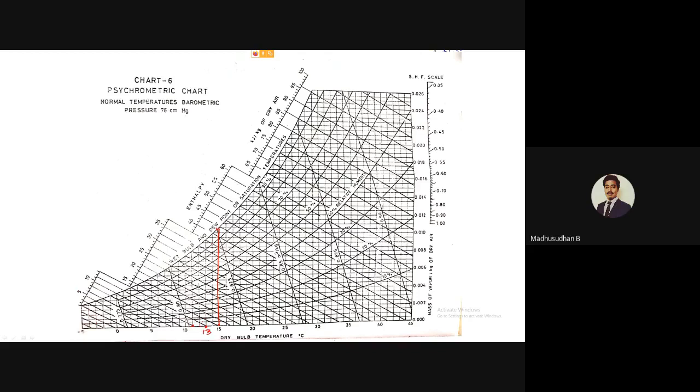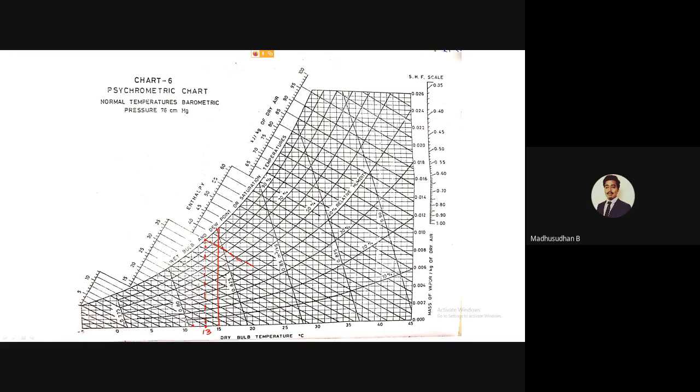Now extend this point till it touches the saturated vapor line. Now it has touched the saturated vapor line. From there you have to trace the isoenthalpic line like this.